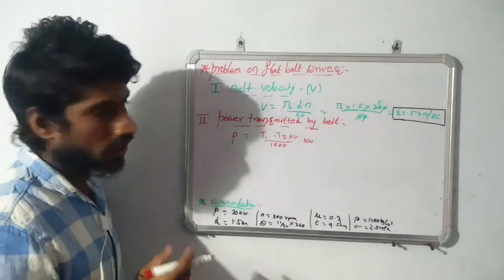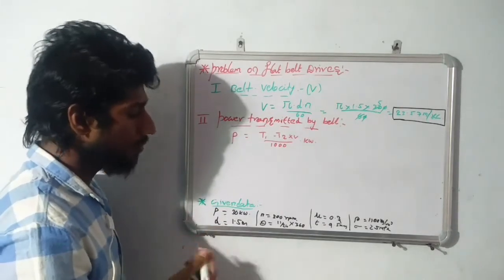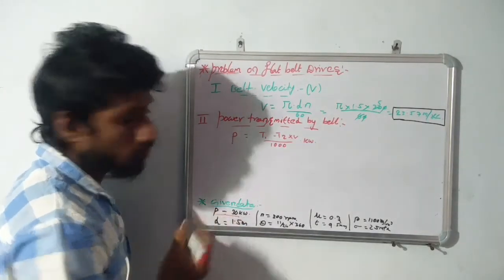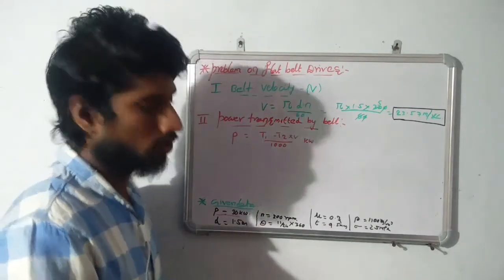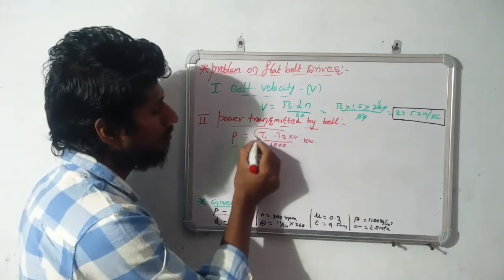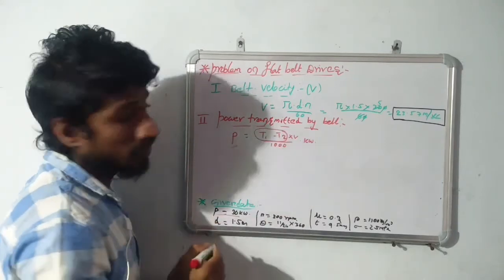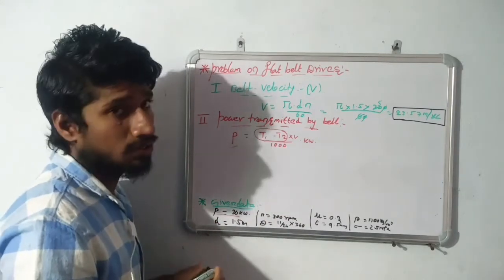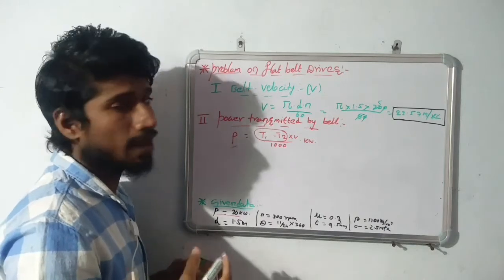If you look at the given problem, we know how much power we are going to transfer, so we know this value. Here we are going to find out the difference between the tensions in the tight side and slack side.